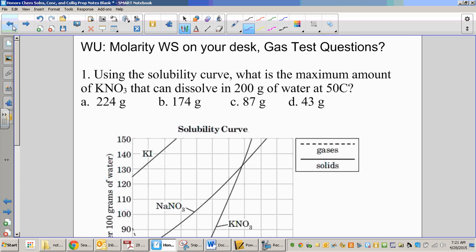Okay, so let's go back here. Using our graph, what was the process of how you walked yourself through this? Aaron? Okay, we see that this is temperature dependent, right? All of this solubility stuff is temperature dependent. Nathaniel, tell me your process.